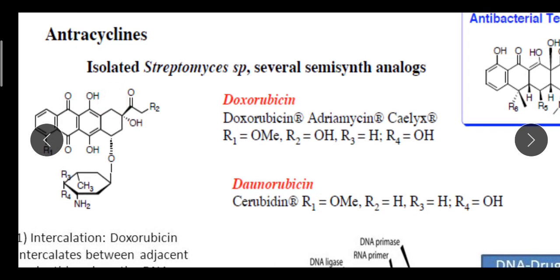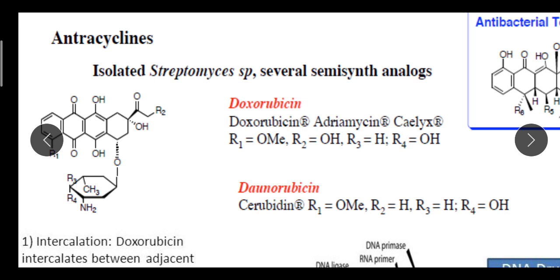This is the anthracene nucleus fused with the cyclohexane ring, and which is connected by a glycosidic linkage to an amino sugar. So this is the structure of the anthracycline.